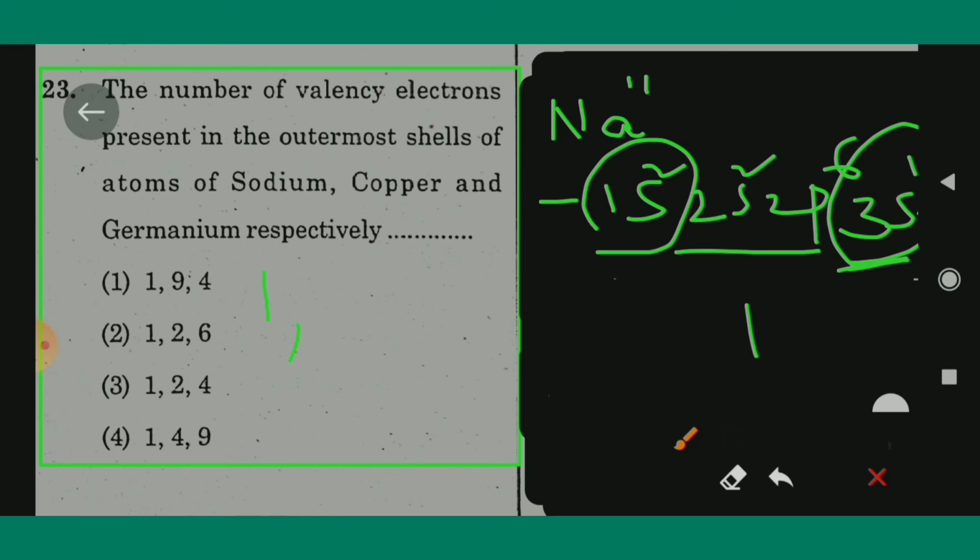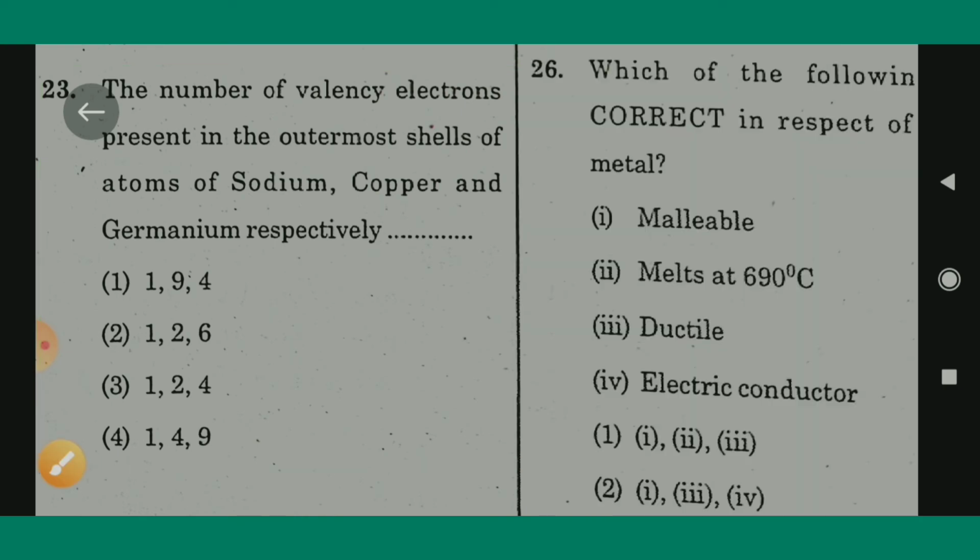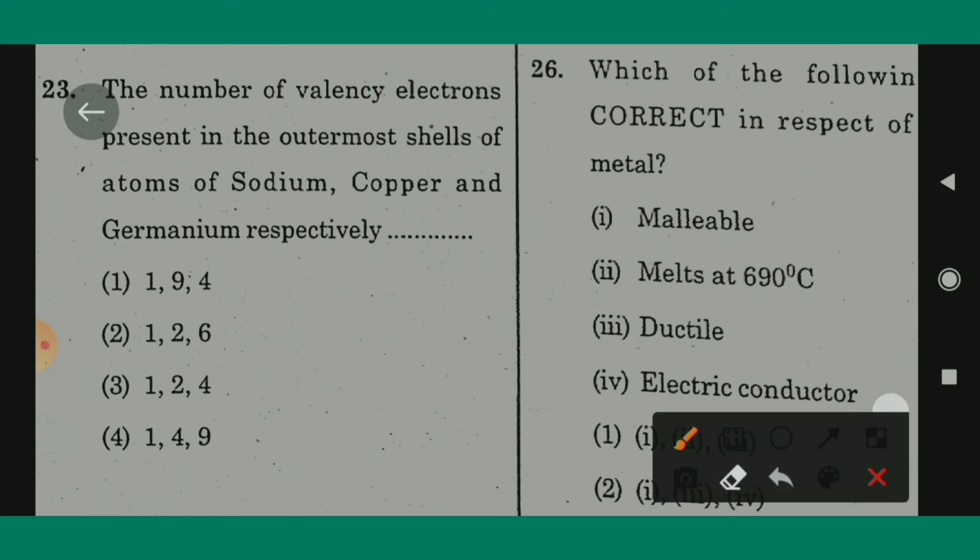And after that, we have to write the valency electrons of copper. So for sodium, valency electrons are 1, and for copper, Cu, the atomic number of copper is 29.